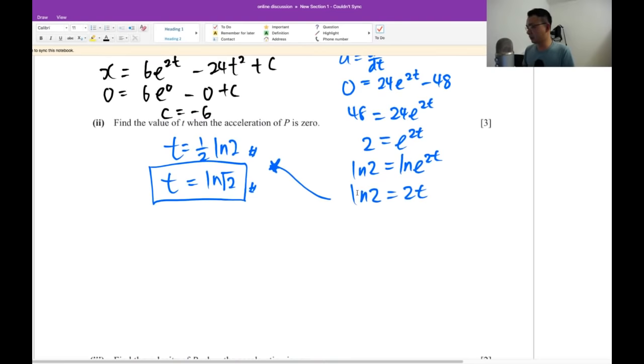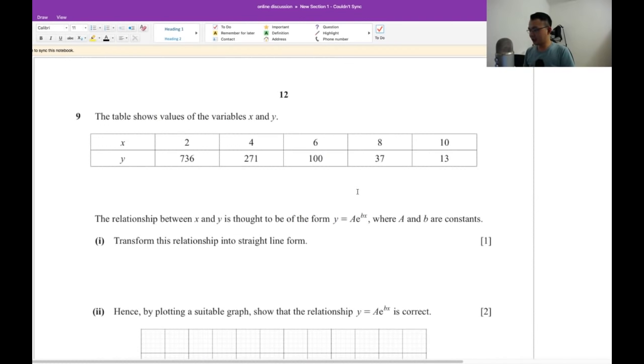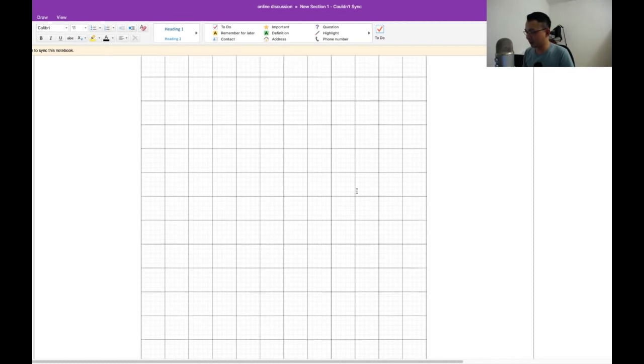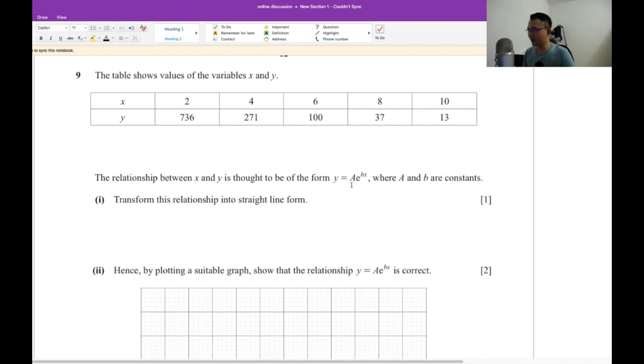Alright, so let's move on to linear law. Can you go over kinematics, please?